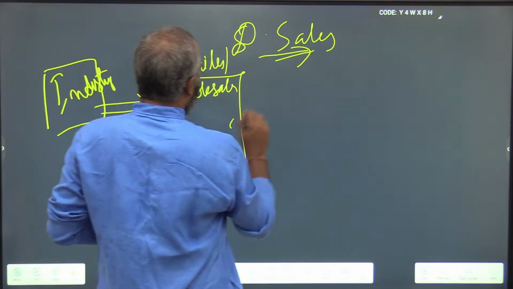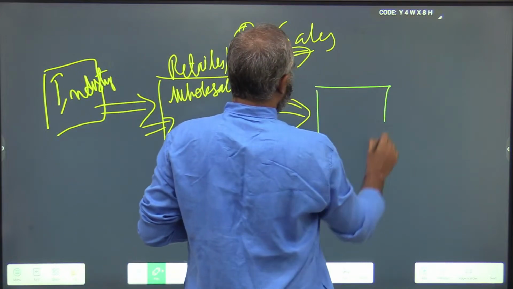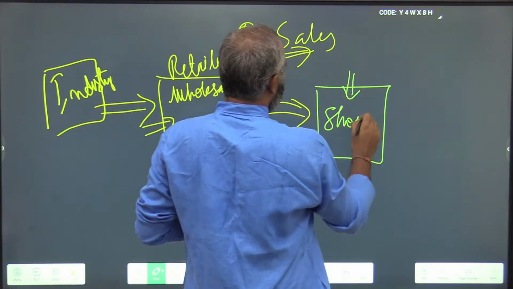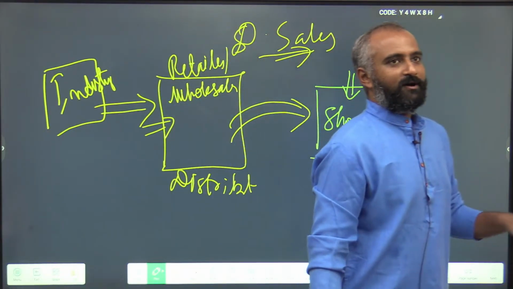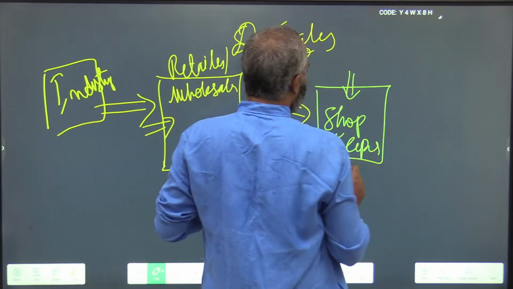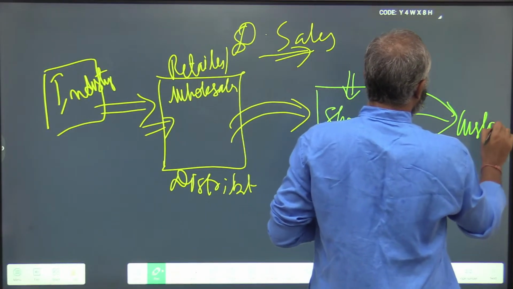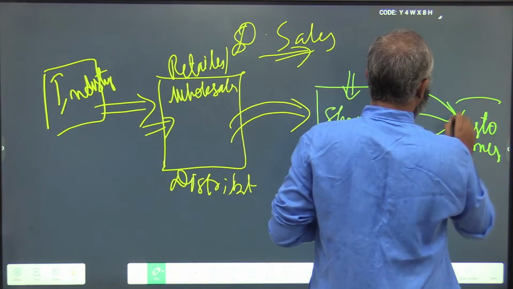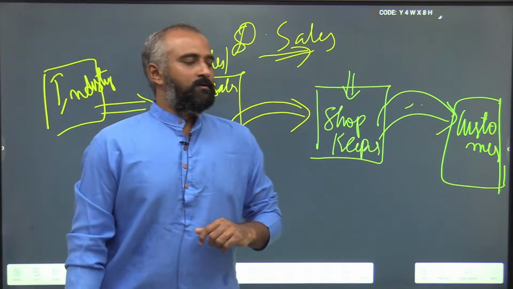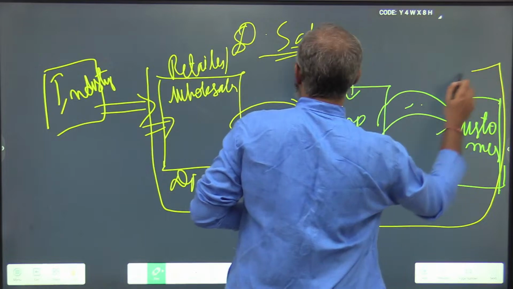From these wholesalers or distributors, it will come to normal shopkeepers, those shops which are present 2 or 3 in a street. So shopkeepers buy from wholesalers, and from shopkeepers it ultimately reaches to customers. So our whole topic is regarding this loop.